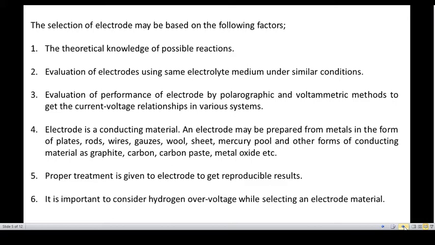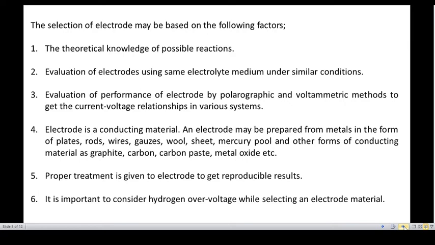Sometimes conducting polymer materials are taken, or conducting materials like graphite, carbon, carbon paste, metal oxide, etc. Once you have chosen the electrode material and given it a particular shape, you have to give a proper treatment to the electrode for reproducible results.